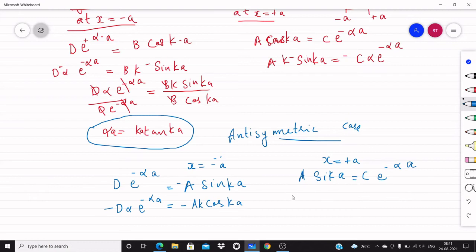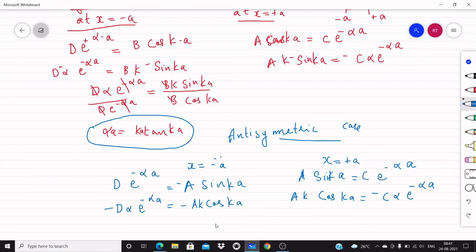Yeah, the derivative, we are applying plus a here. The derivative is a k cos ka is equal to minus c alpha e raised to minus alpha a.